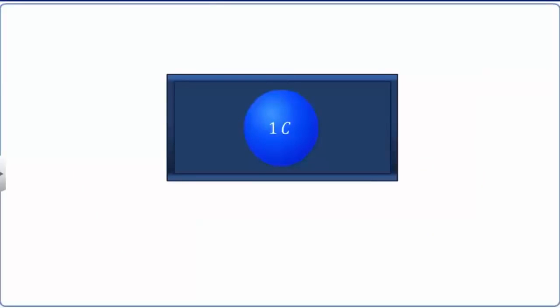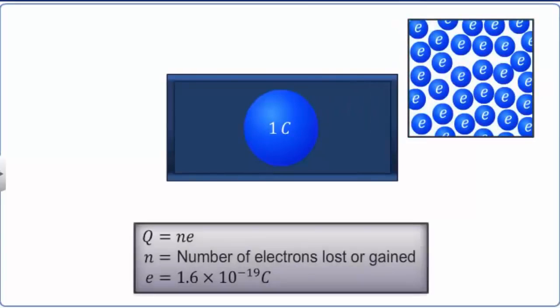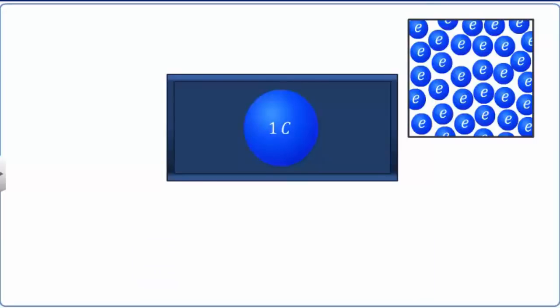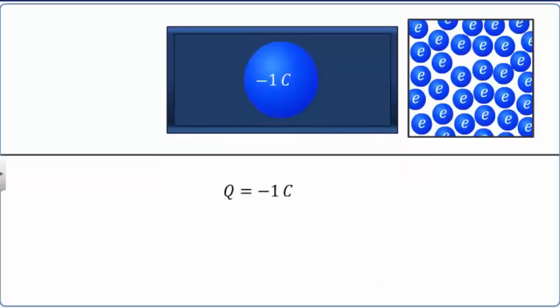Thus, the charge on an object Q is equal to the product of the number of electrons gained or lost by it, n, and the basic unit of charge, e. Now, let us calculate the number of electrons 1 coulomb of negative charge carries. Consider a body possessing a charge Q equal to minus 1 coulomb.